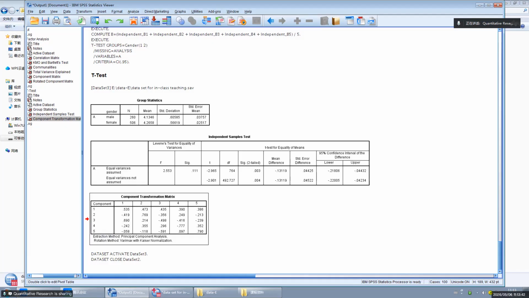But you don't have to understand that. You just remember: if this p-value is not significant, you go to the first row, which is equal variance assumed. If this p-value is significant, you go to the second row.